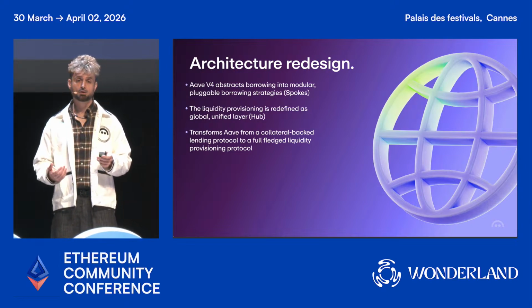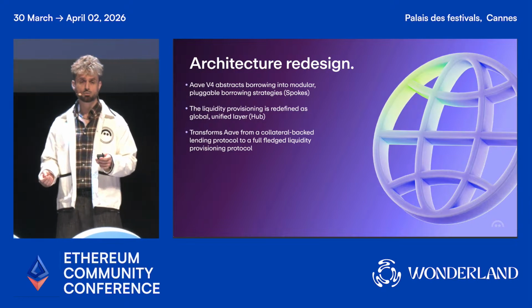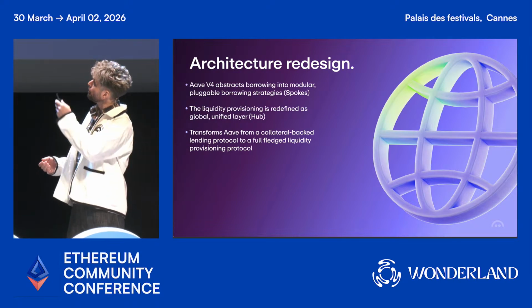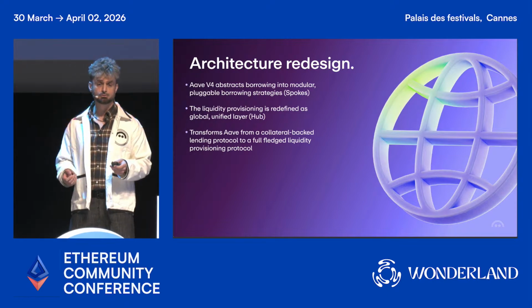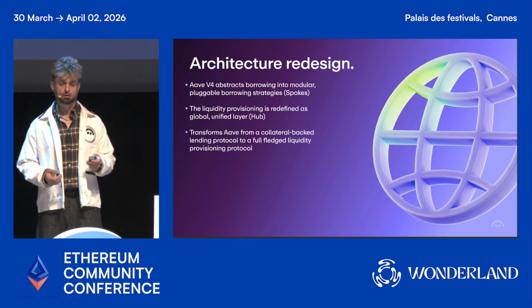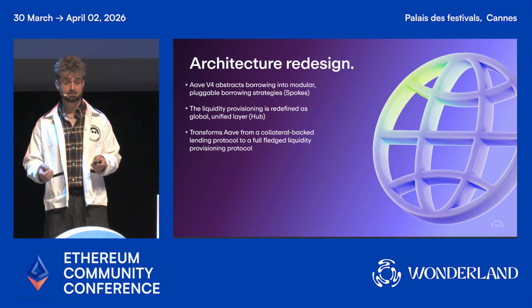So this opens up a lot in terms of design space, because now we can have pluggable borrowing strategies that can actually be integrated into one single hub, all of them sharing the same liquidity.